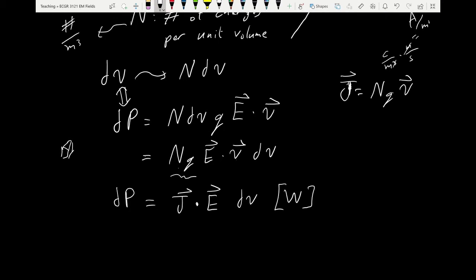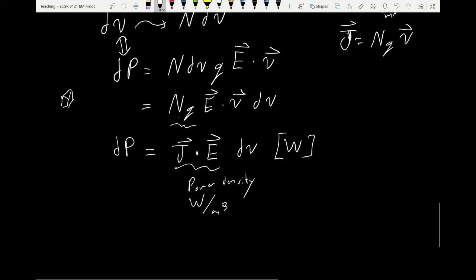So J dot E is the power density, because J dot E times dV gives me the power dissipated in dV. So J dot E is not power. J dot E is power over meter cubed. Then I multiply it by dV to get power.